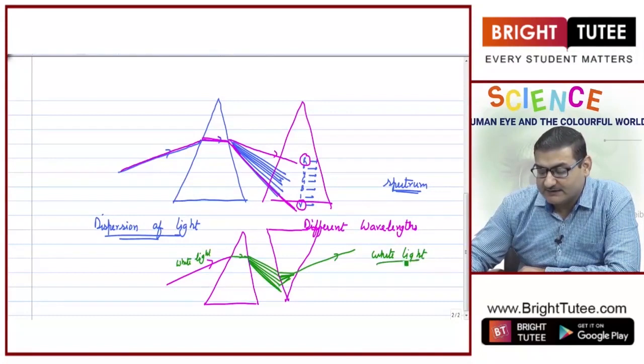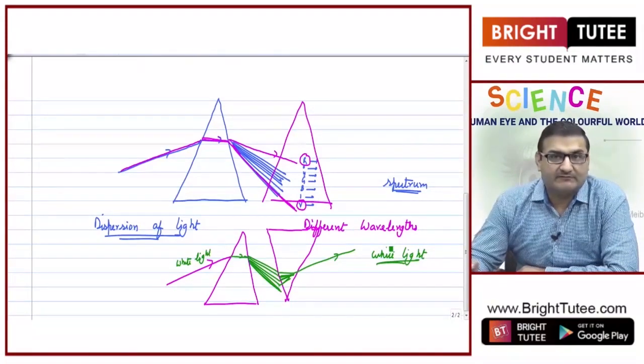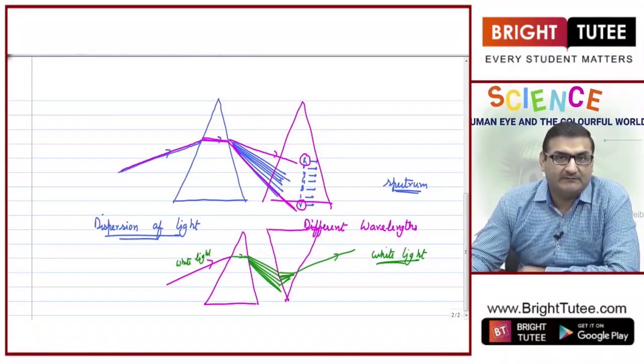Hence, once again, conclusive of the fact that the white light is made up of 7 colors.